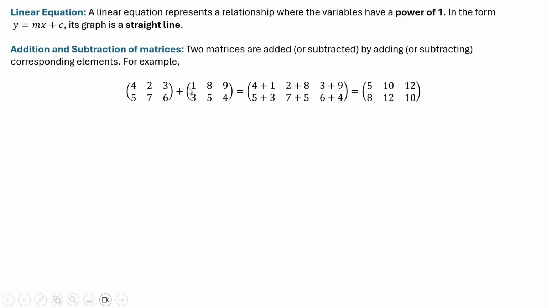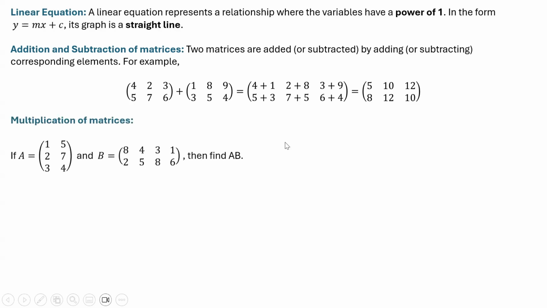So 4 plus 1, similarly 2 plus 8, then 3 plus 9, and similarly for the next row, 5 plus 3, then 7 will go with 5, and 6 will go with 4. And ultimately you'll get this type of result. These are quite simple, and it will be a similar case for subtraction. You just subtract them, and then you'll get an answer.